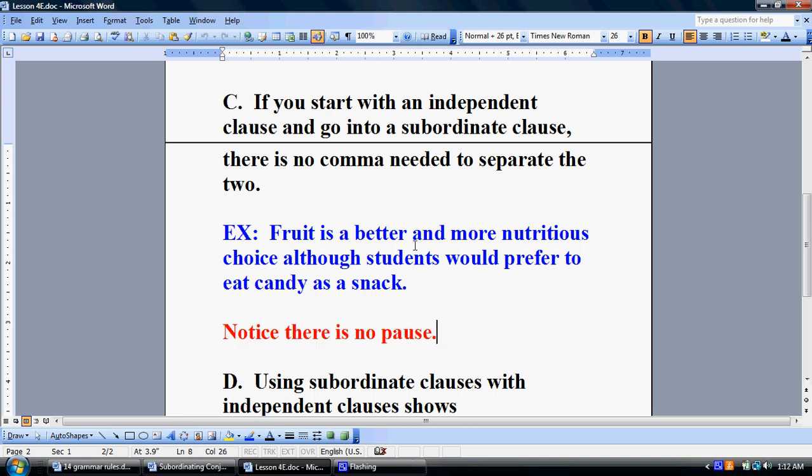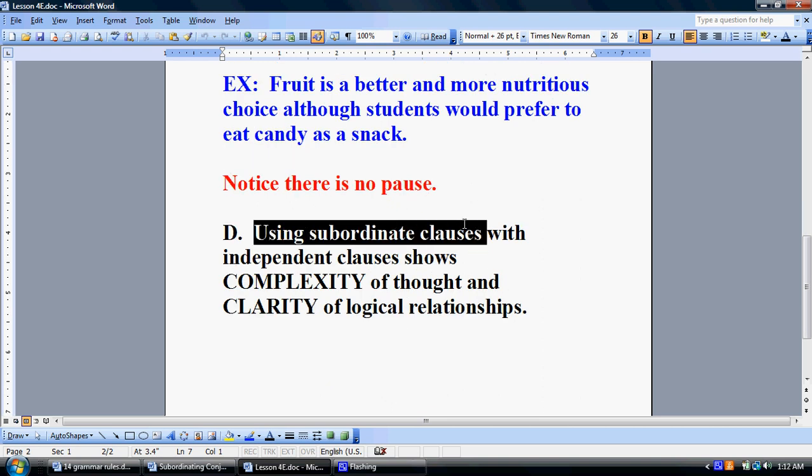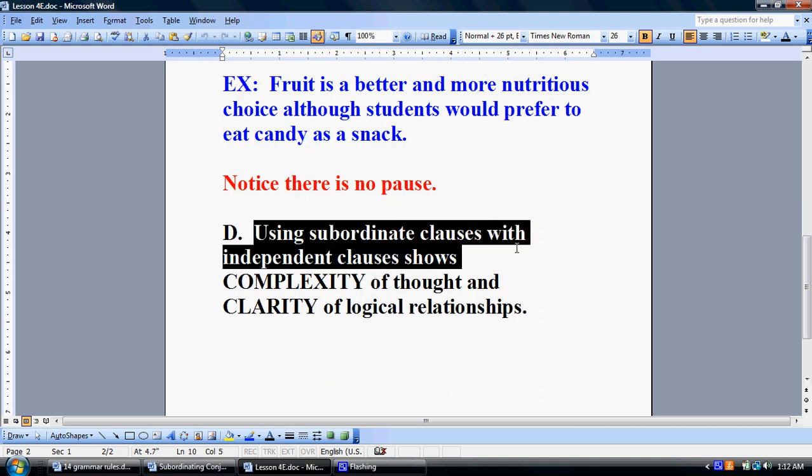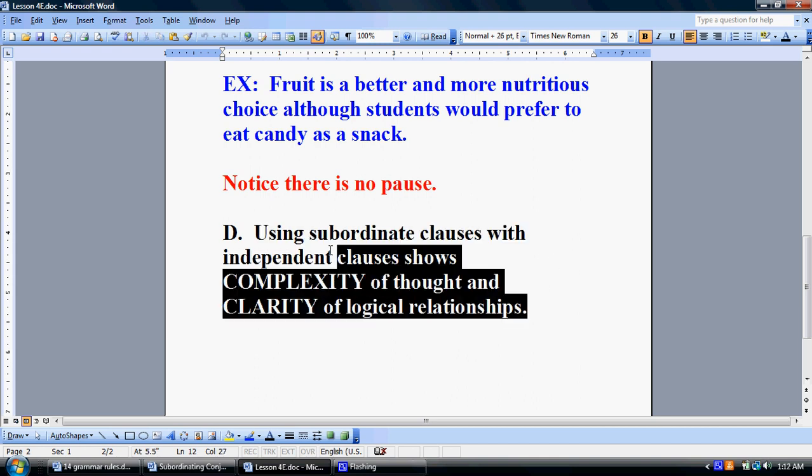So essentially, if we understand those relationships, we can punctuate our sentences effectively, and that really comes down to being able to classify and identify the clauses that we're writing with and also seeing when we're reading. Using subordinated clauses with independent clauses shows complexity of thought and clarity of logical relationships.